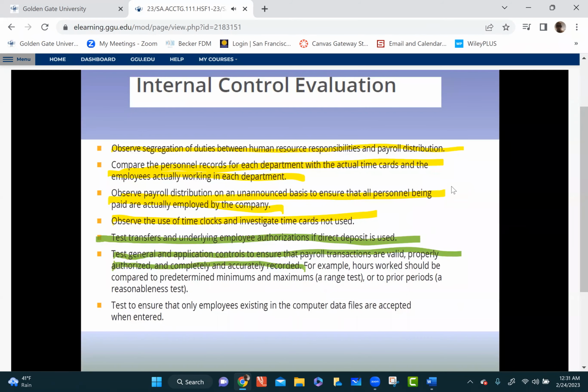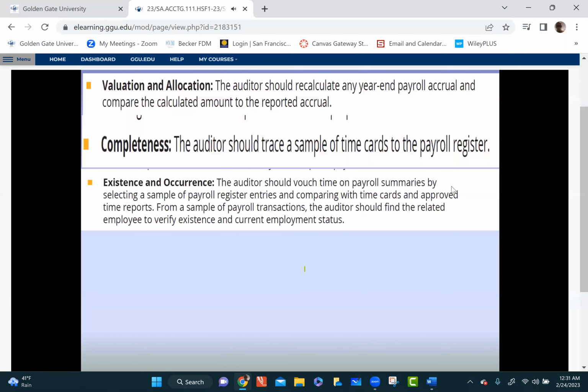Okay, good. So you have all these different internal controls, and then you're going to go through and do your audit procedures over the assertions: valuation, recalculate any year-end accruals. Completeness, you're going to do what?